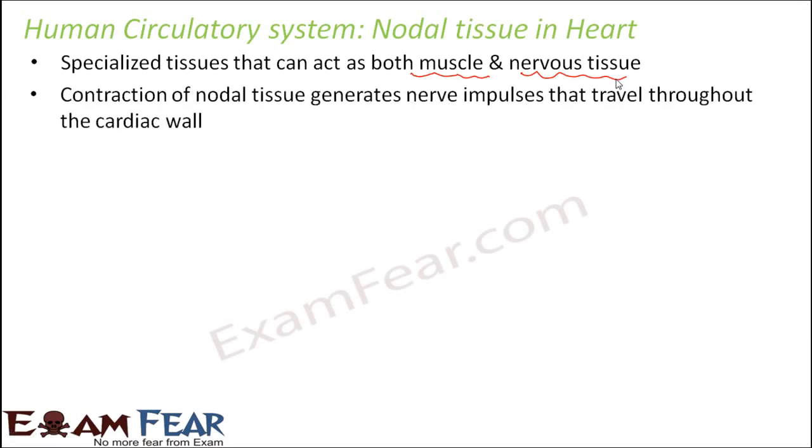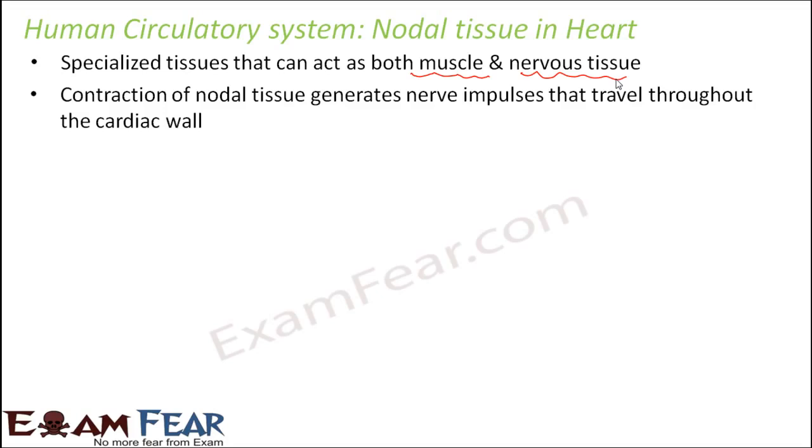Now we will talk about the different nodal tissues which are present inside the heart. Contraction of the nodal tissues generates nerve impulses that can travel throughout the cardiac wall. Whenever impulses get generated, they also need to be conducted. The conduction of impulses takes place inside the heart through the walls of the heart.